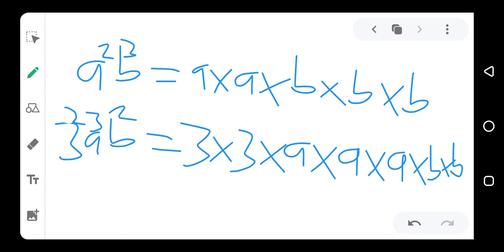So 3 is coming 2 times, a is coming 3 times, and b is coming 2 times. So it is correct. So this is how to get the expanded form when we have a number and different alphabets combined in the same index form.